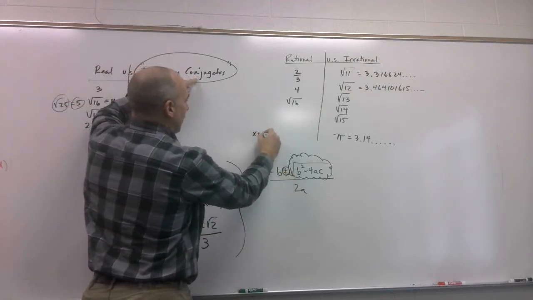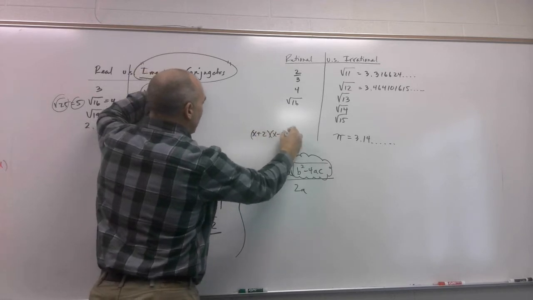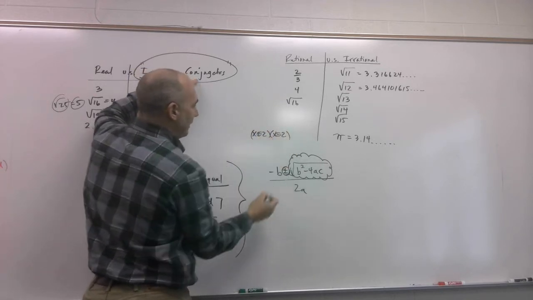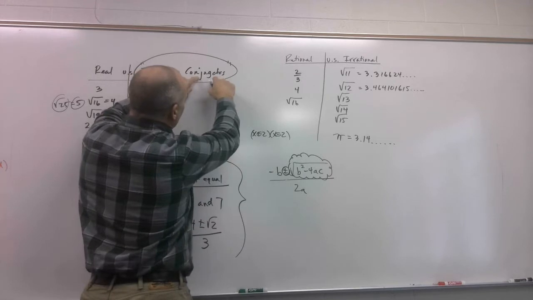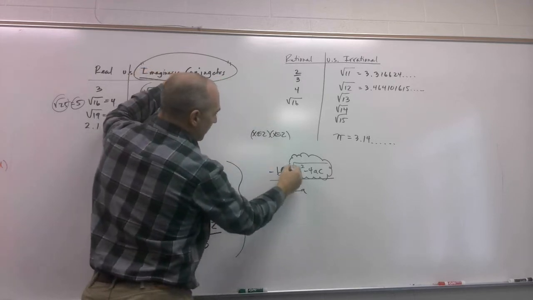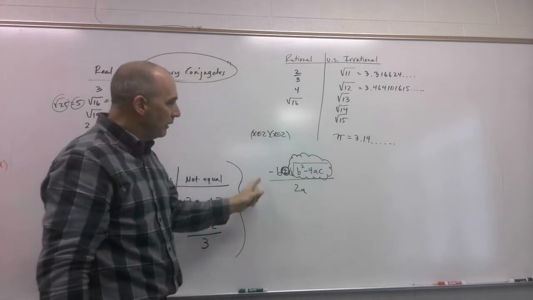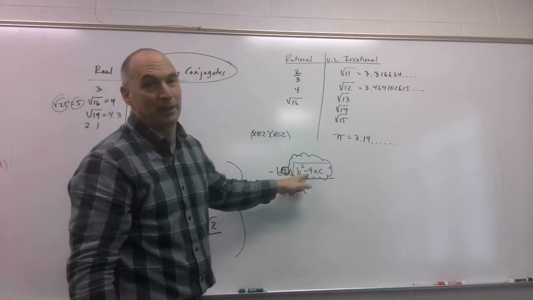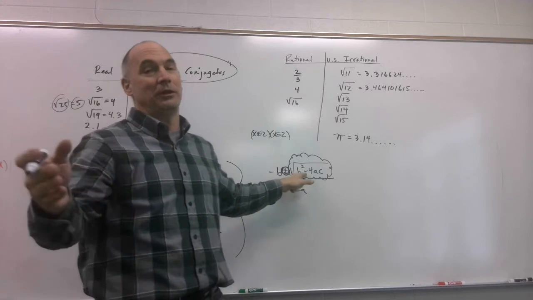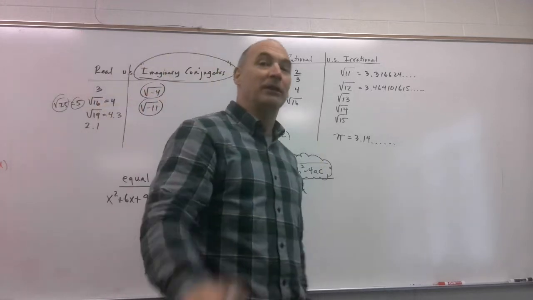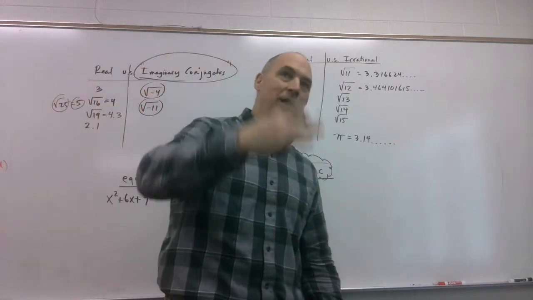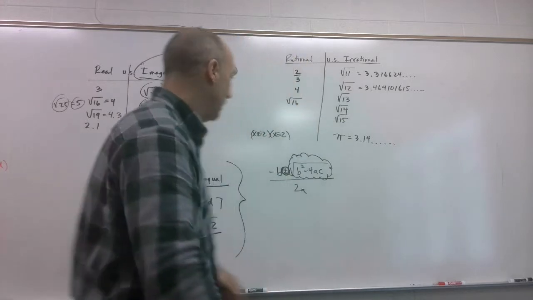Remember, conjugates are x plus 2 and x minus 2. There's a plus going on and a minus. That's where this language comes from. It comes from that plus or minus. So I don't want to ignore the whole quadratic formula, even though you can get your answer from that piece, which is called the discriminant. I know that's a lot of language, but it is simple at the end of the day after we talk about it a little bit.